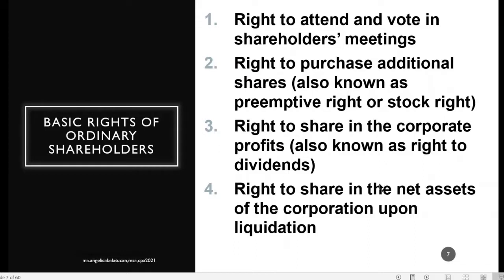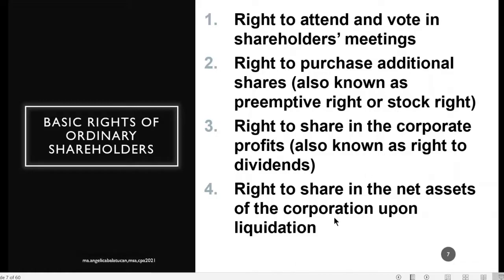Okay? Then ordinary shareholders are also guaranteed neither dividends nor assets upon dissolution, but they generally control the management of the corporation because of the right to vote and the right to attend the shareholders meeting.